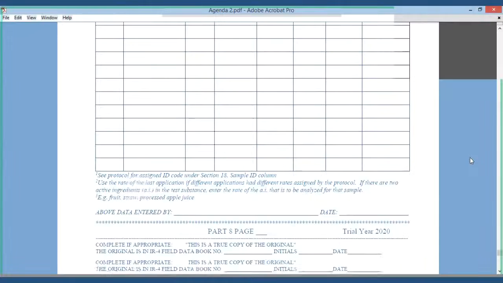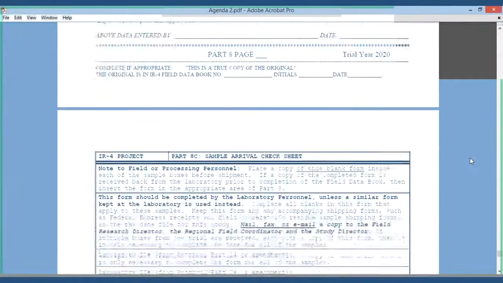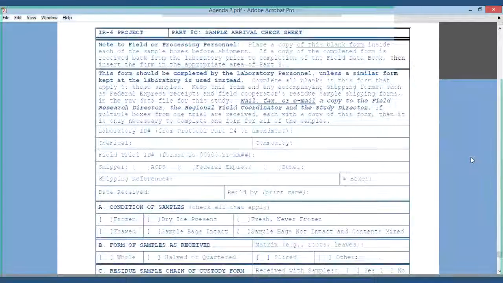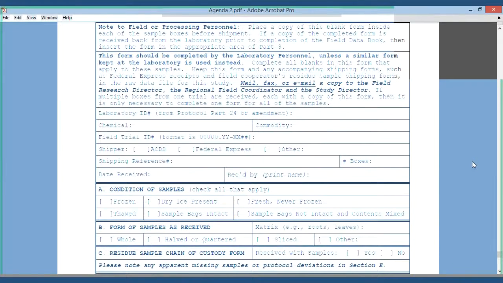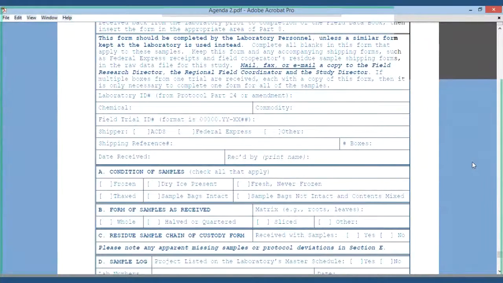Okay, next page, please. So this is a checklist for the condition of the samples. Did you use dry ice with the samples? Did you use maybe wet ice? Have they still remained frozen, or have they thawed?